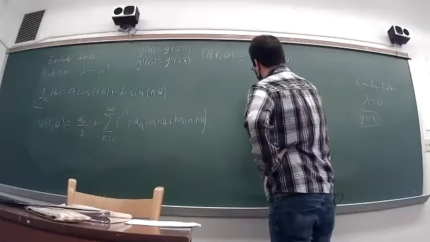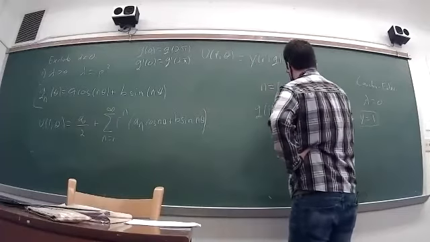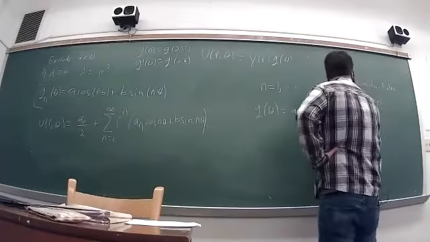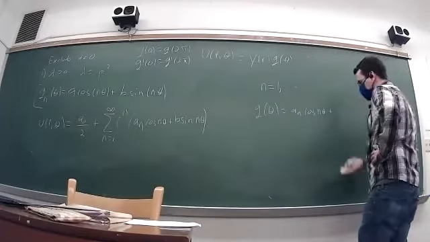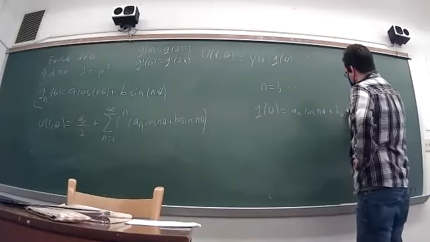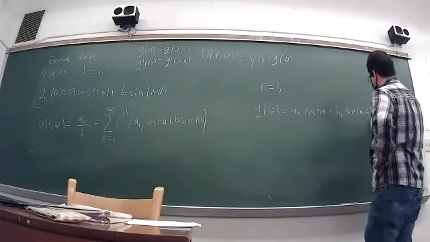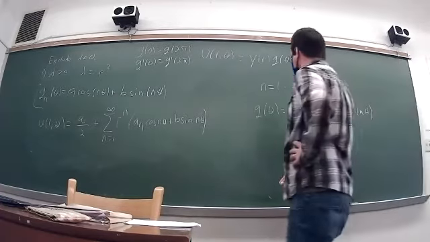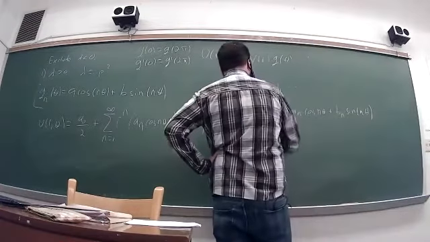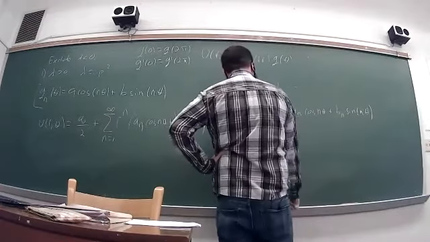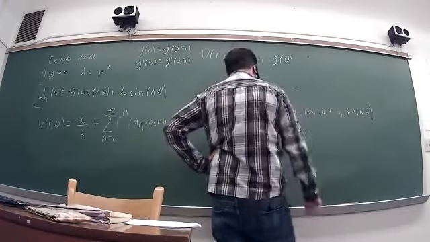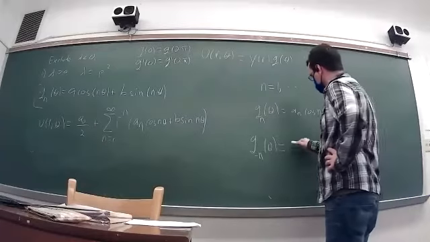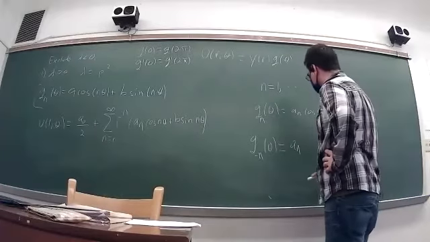That's right. So g of theta is A_n times cosine n theta plus B_n sine n theta. And if you take g of negative n of theta, you get a negative sign from the sine.